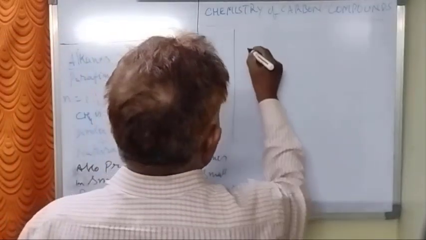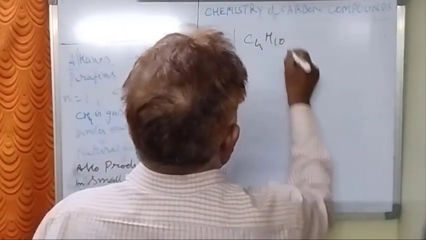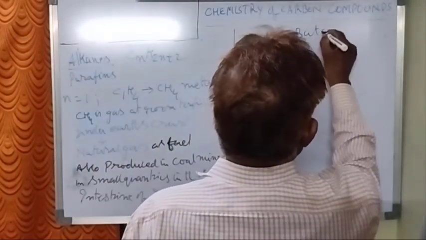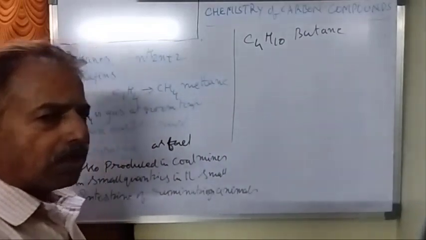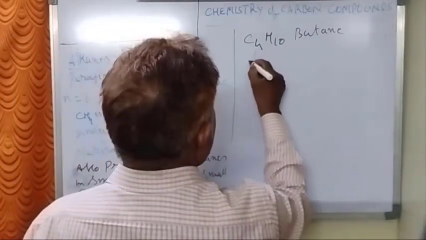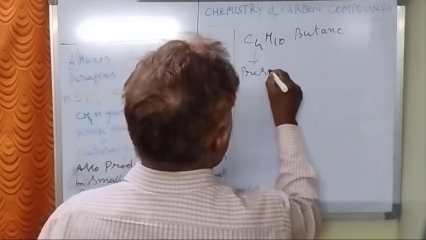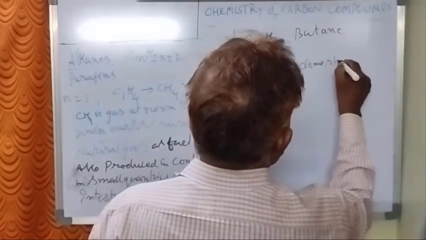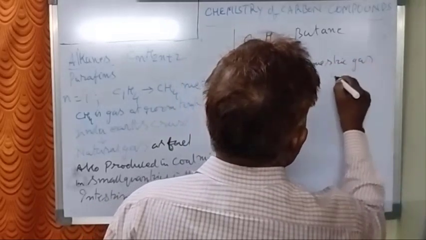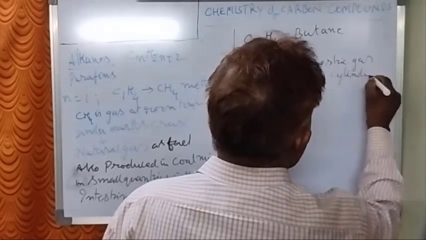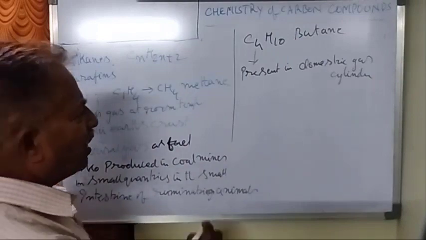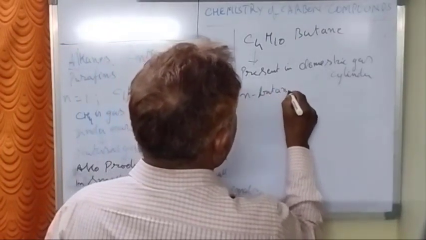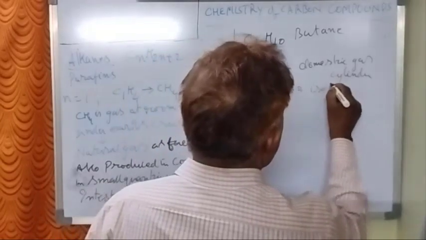Now the next one is C4H10. This fourth compound is referred to as butane. This is present in domestic gas cylinders.